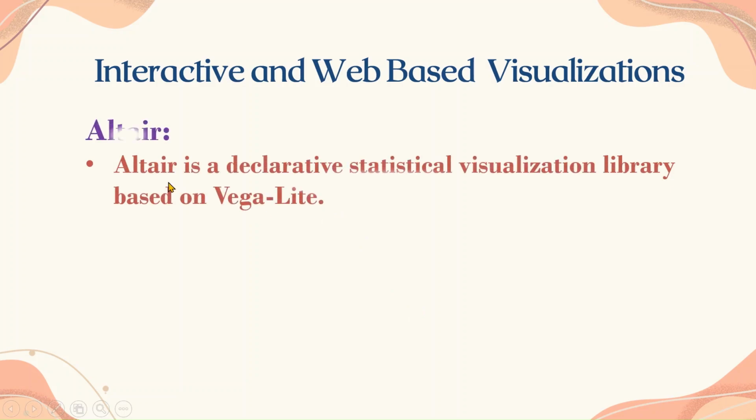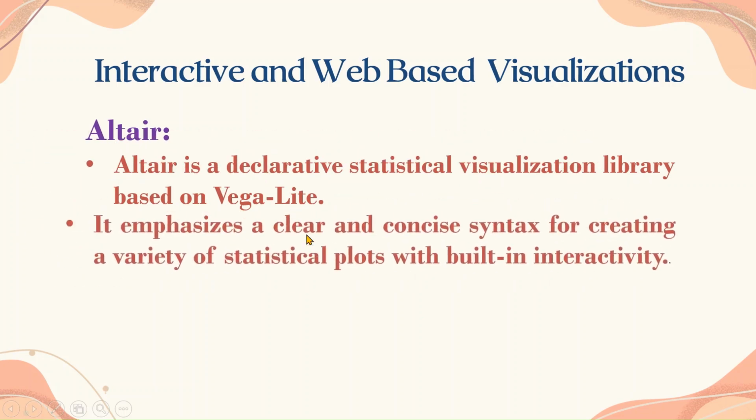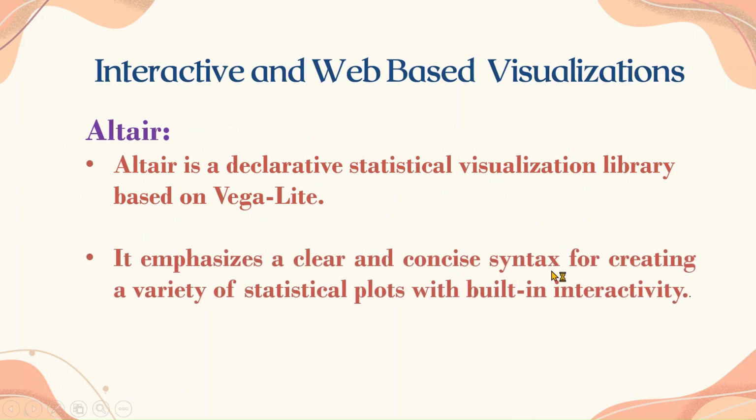Now, coming to the next one, we have Altair as a web-based visualization. It's a declarative statistical visualization library based on Vega-Lite. Now, this provides a clear and concise syntax for creating a variety of statistical plots with built-in interactivity.